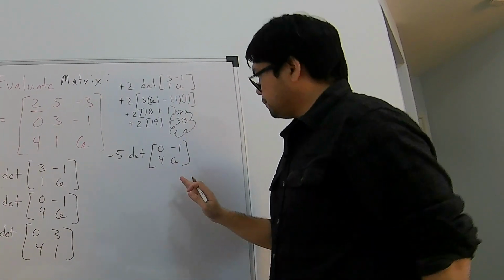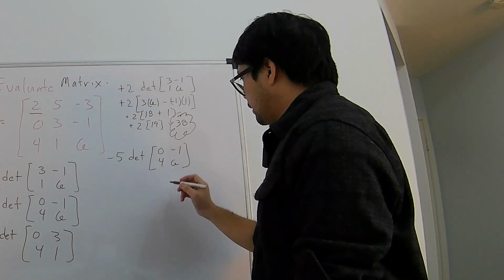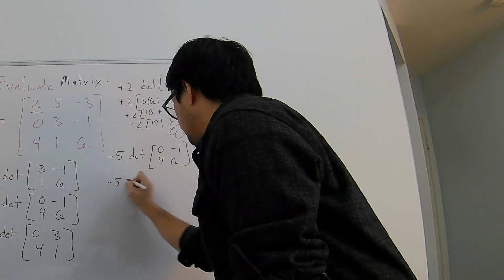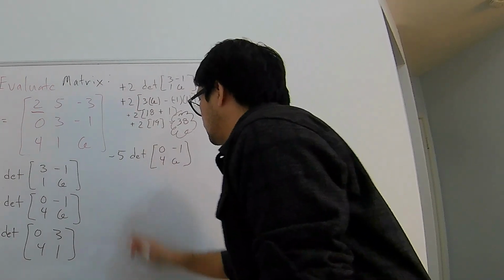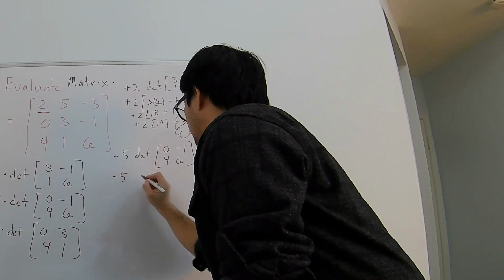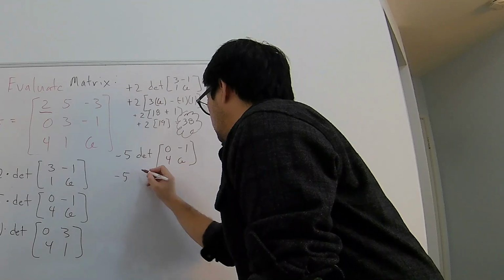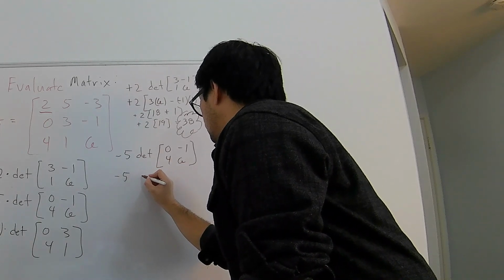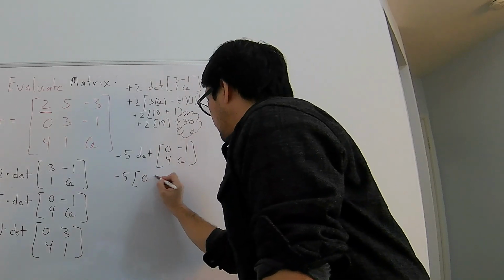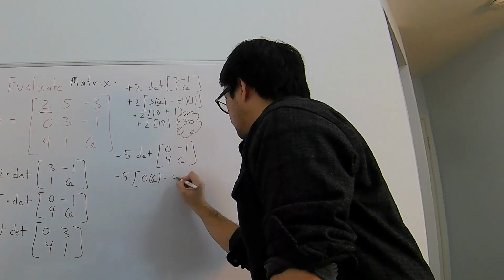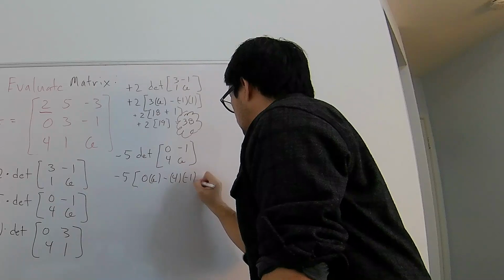Okay. We take the determinant, so that's negative 5. We're running out of space. Negative 5. The determinant is, of course, a 2 by 2. So we're going to do 0 times 6 minus 4 times negative 1.